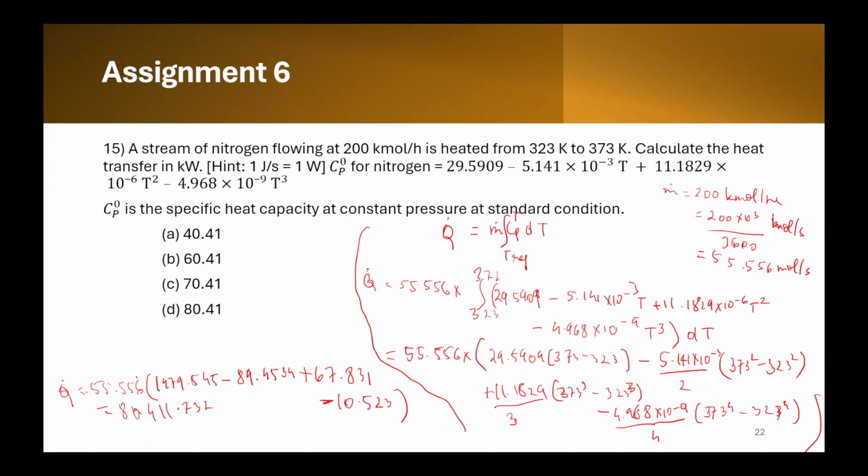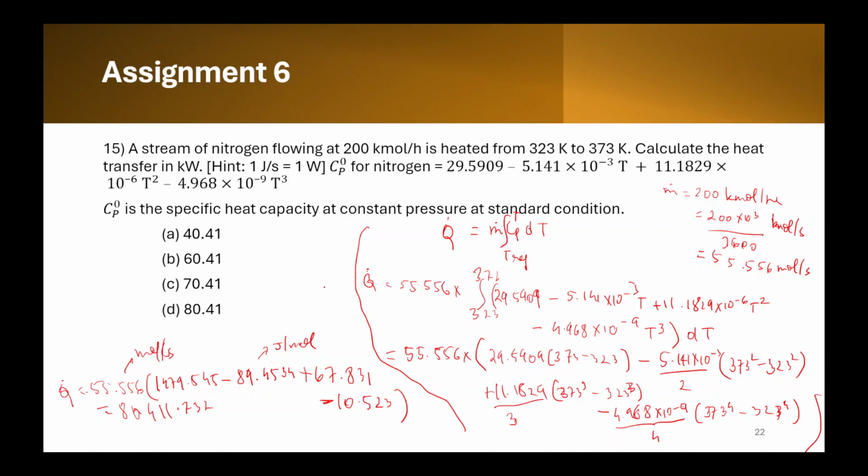This is mole per second. This is joule per mole per Kelvin into delta T. So this will be joule per mole. This is mole per second.